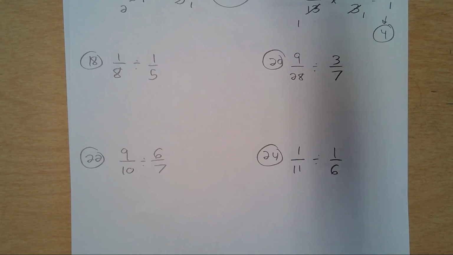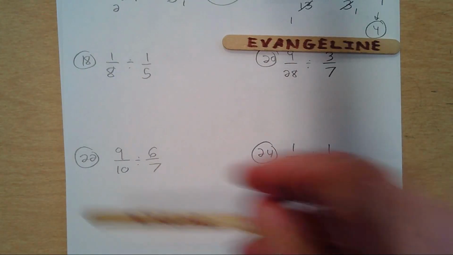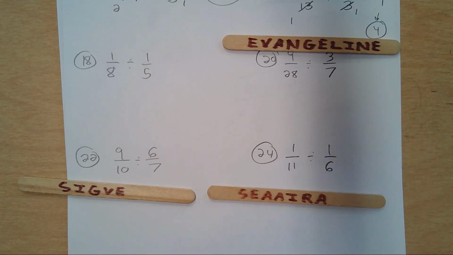Anyone you want? What? You want any of these 4? 18? Okay, I'll help you do it fast. Savannah, you can do 18 out here. Evangeline, 20. 22, Sig. 24, Sierra. Okay.